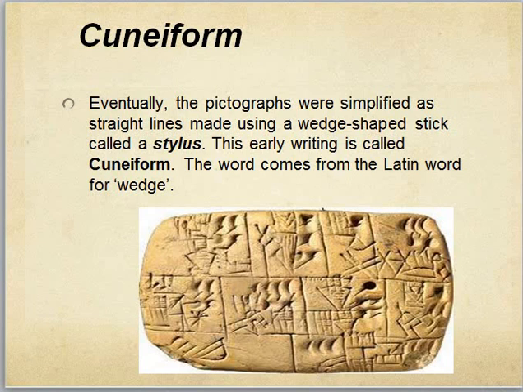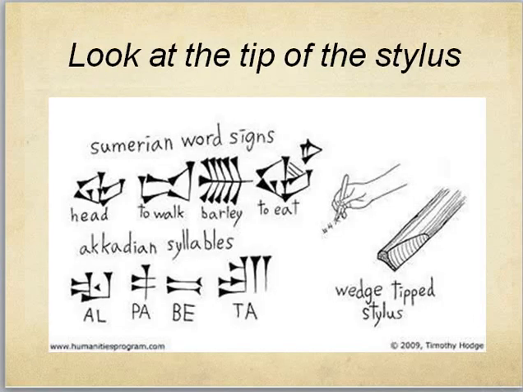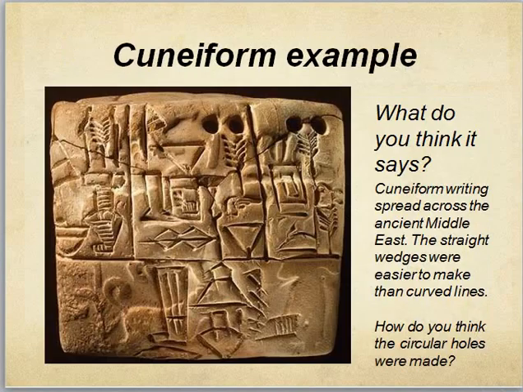The word comes from the Latin word for wedge. Wedge means a shape like a leaf. Look at the tip of the stylus. Here are some examples of Sumerian word signs that you can see over here. The wedge-tipped stylus device is what they used to carve everything on the clay.